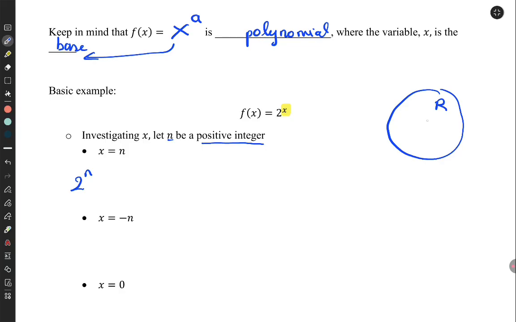Real number means any number: 1, 2, 3, negative 1, negative 5, 1.5, 2.5, decimals like 1.3333, square root of 5, square root of 10, cube root, fifth root. Any number that you can speak out is basically a real number, but not all of them are integers. So what are integers? Integer is going to be a smaller version.